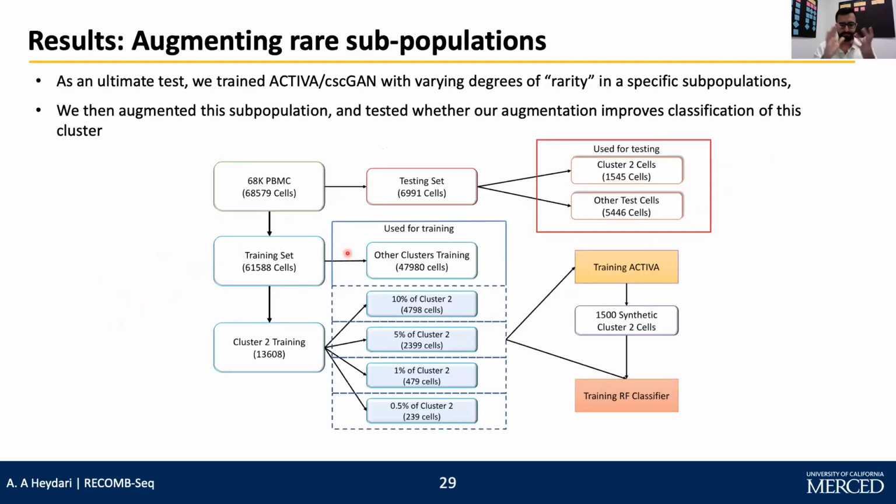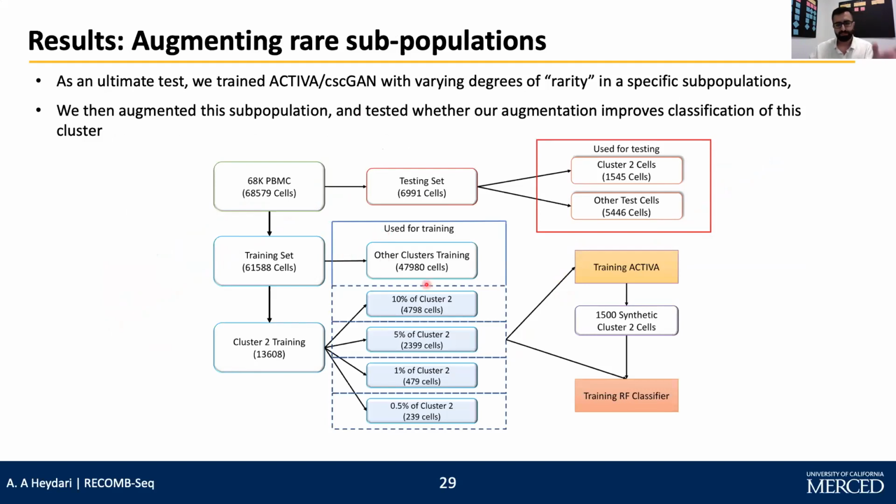But I think the cherry on top is this problem. This is how we think that ACTIVA can be used. The idea here is: can we augment existing data sets to make them better for classification or other problems? Can we take rare cell populations, learn with ACTIVA how to generate more of them, and add them back to the real data and see how that works?